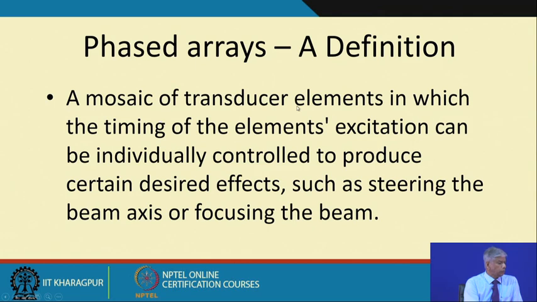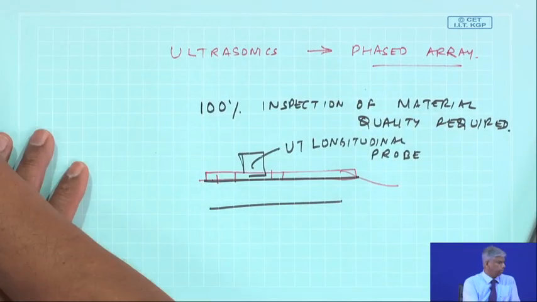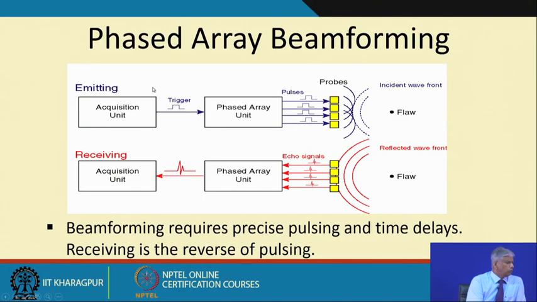Phased array is a mosaic of transducer elements in which the timing of the elements excitation can be individually controlled to produce certain desired effects, such as steering the beam or focusing the beam. For example, I could be giving excitation, I could timing it, maybe I will illustrate it in the next diagram. So, some of this phased array beam forming is done. Okay.